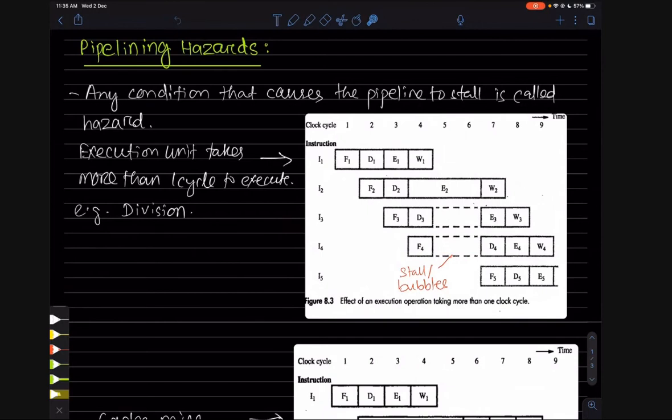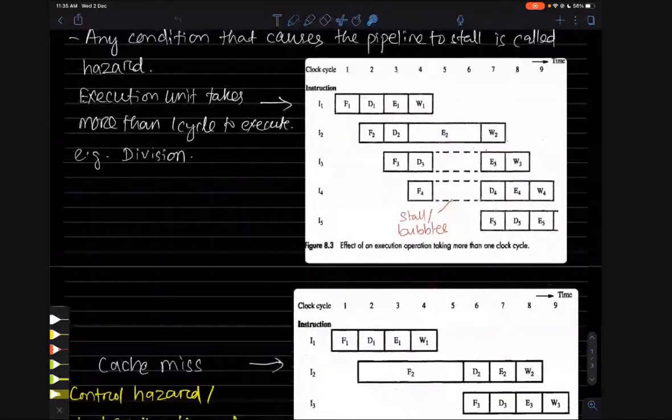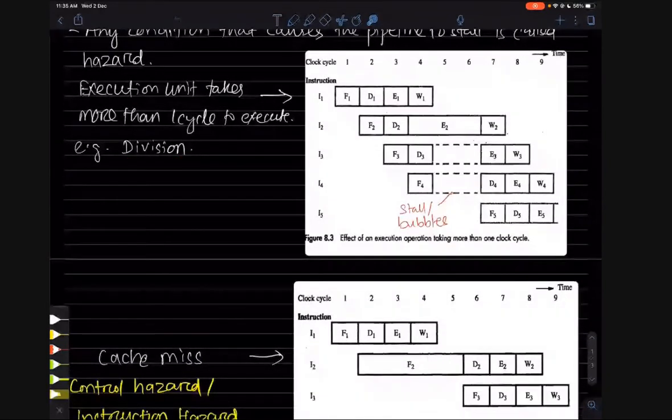Whenever we get a bubble, it is a wastage of time for the processor, so our motive is to reduce bubbles. Due to the hazard we got a bubble or stall, and that's called the hazard. In this case it is due to the execution taking more time for division.